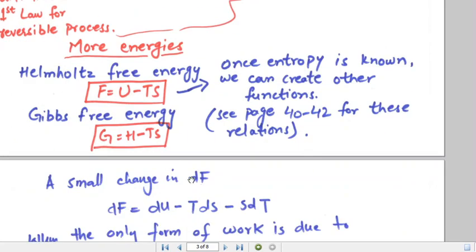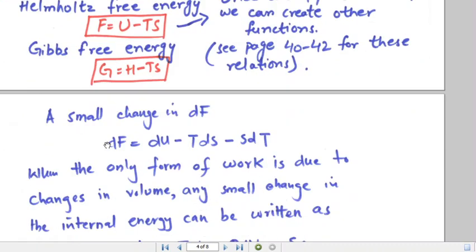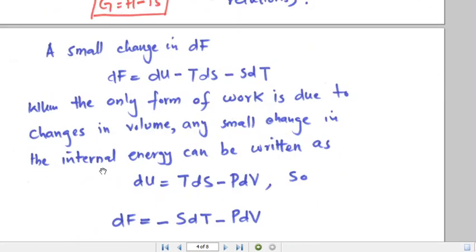We can also define the entropies in terms of the free energies. Let's consider a small change in this free energy, dF. So this dF will be equal to dU minus TdS minus SdT.